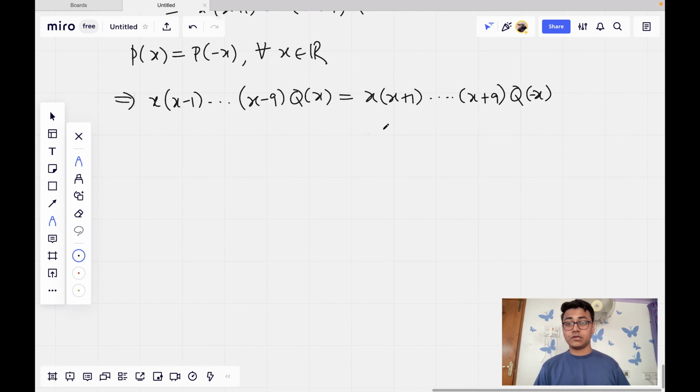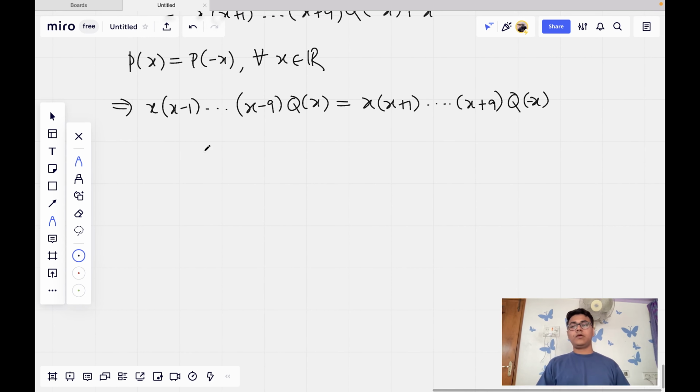Okay. Now, one by one, we can substitute the values x equal to minus 1, minus 2, all the way till minus 9. If we put x equal to minus 1, the right hand side is equal to 0, the left hand side is non-zero, so q of minus 1 is equal to 0.